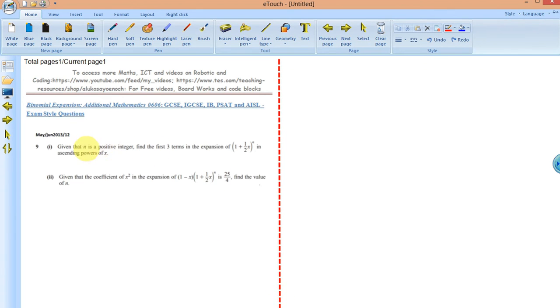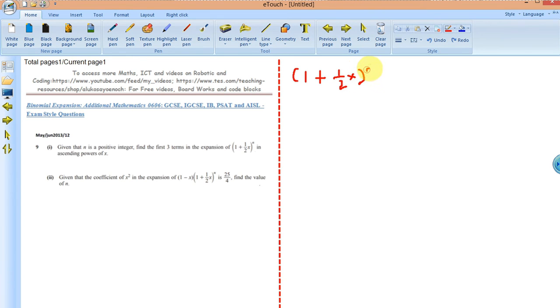Okay, so guys, now the first three terms in the expansion of this, I hope you are already familiar with how to do binomial expansion using combination. So I have 1 plus half x all raised to the power of n. Now guys, I want the first three terms here.